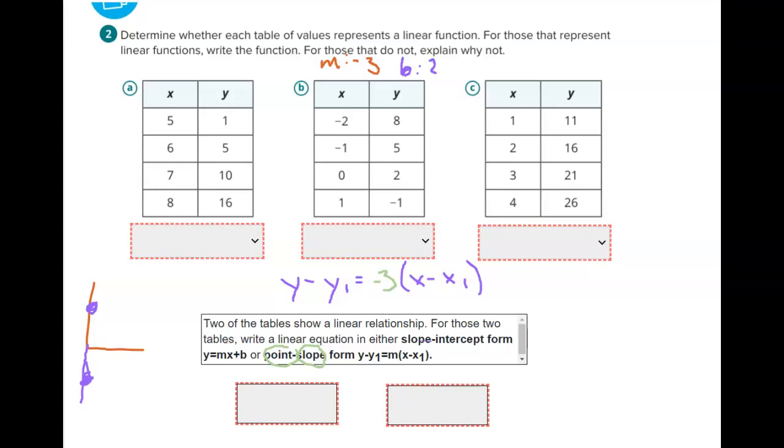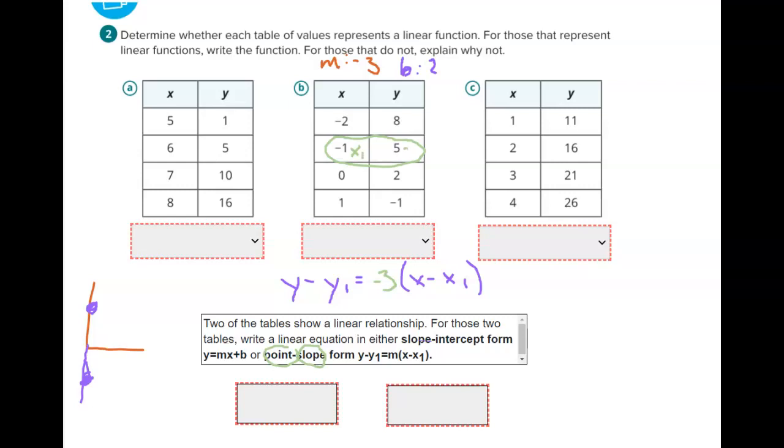You can choose any of the points. So just for kicks, I'm going to choose this point. But you could literally choose any of these points, or even any other point that's on the graph. So in this case, this is going to be my x, and in our equation, it's labeled as x sub 1.